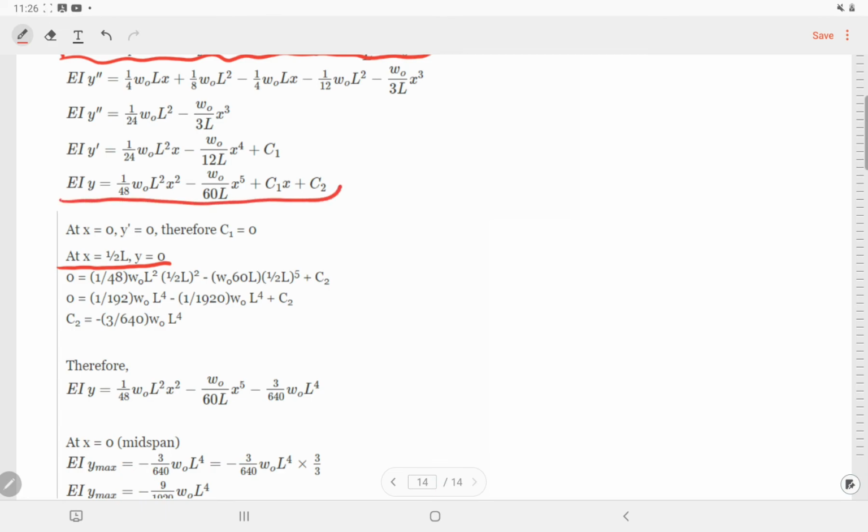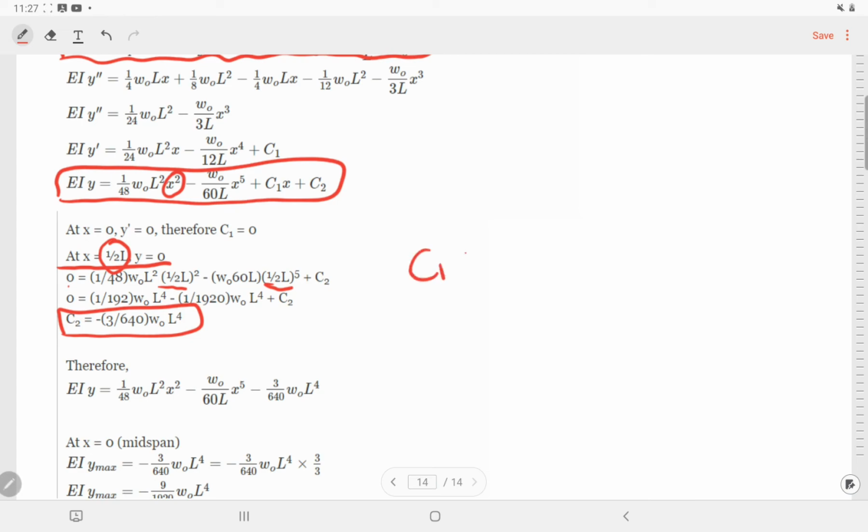So we put it in this equation. 0 is going to be 1 over 48 w naught L square, and in terms of x, I put x equal half of L. Then we can find c2. So c2 is negative 3 over 640 w naught L power 4.